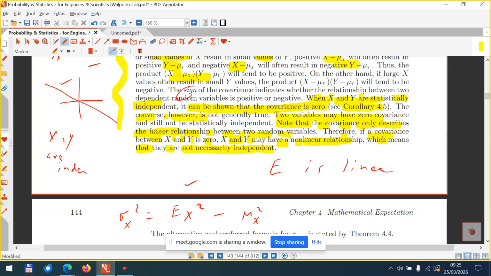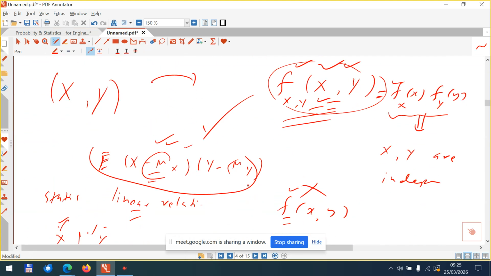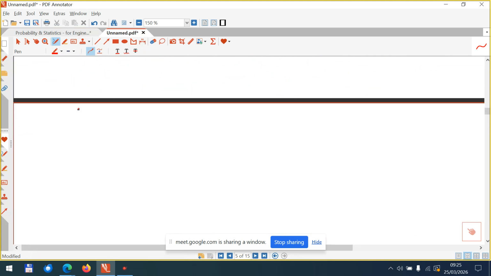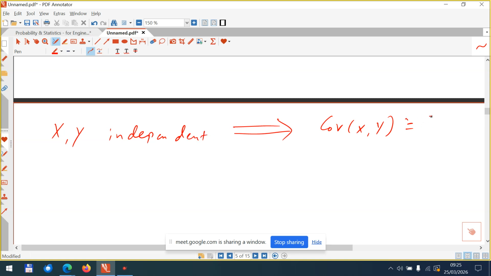Two variables may have zero covariance, and they will still be dependent on each other. Let me express this in the language of logic. If x and y are independent, this implies that the covariance of x and y is zero.